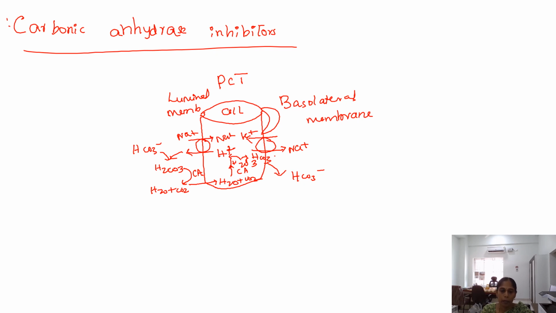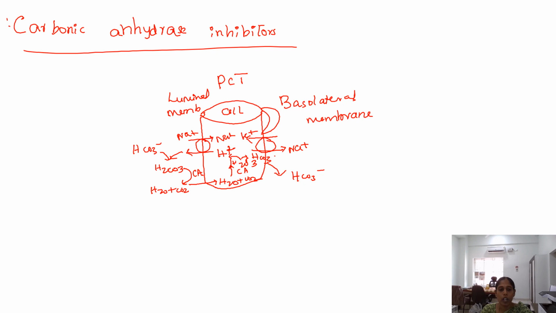Okay, so there will be Na plus K plus ATPase pump in the basolateral membrane, which will promote the reabsorption of sodium, and the luminal membrane will have this Na plus H plus antiporter, which will make the sodium enter the cell and hydrogen ions leave the cell.